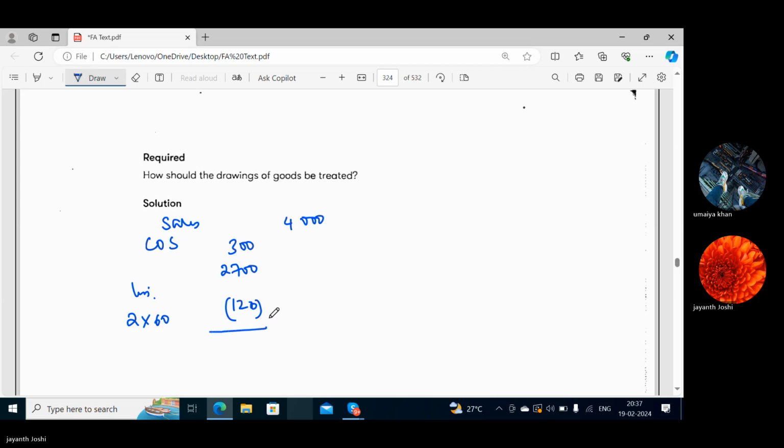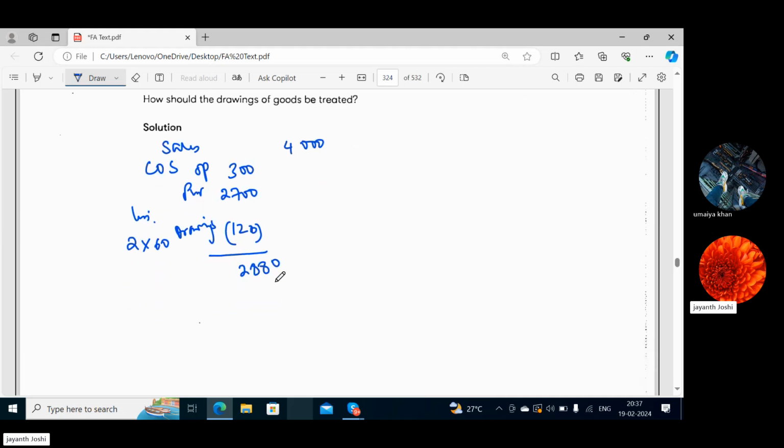So cost of sales: this is opening inventory, this is purchases. From purchases, we will deduct drawings, so we ultimately get a figure of 2880. Now closing inventory will be deducted.